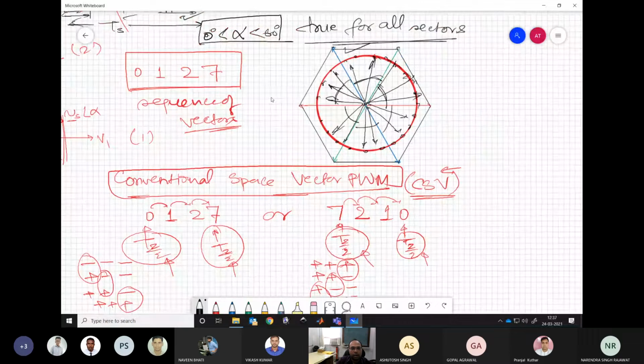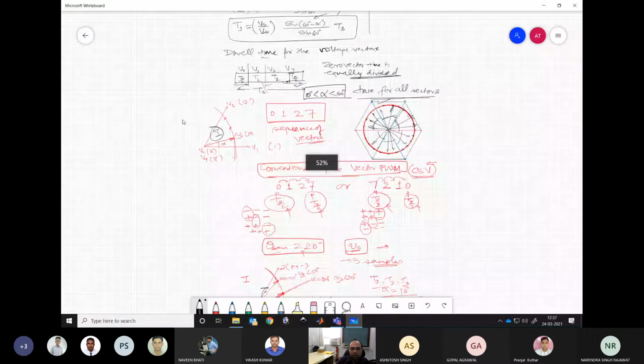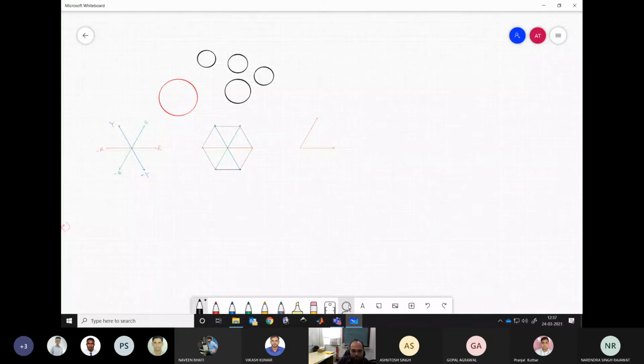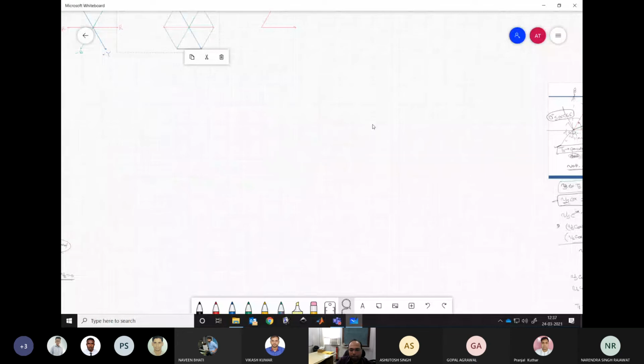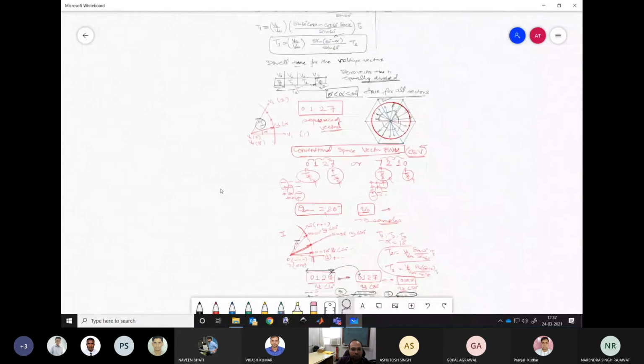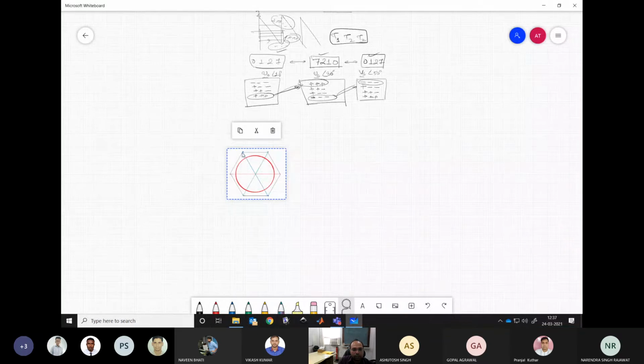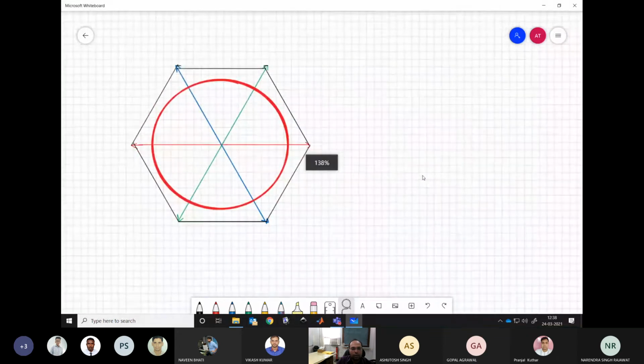So let me again take back these. So almost symmetrically placing this circle in the hexagon, and so now we have the complete fundamental cycle.